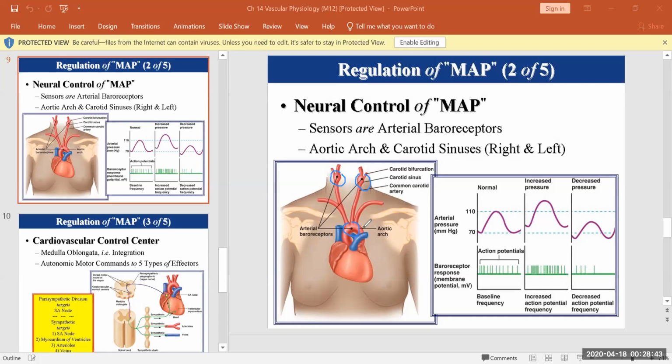Therefore, the pressure needs to be higher than that resistance. Otherwise, blood will not flow, right? So in order for the brain to be notified and to adjust the stroke volume from the heart, it needs to know what the pressure is at that moment in that aortic arch, right?